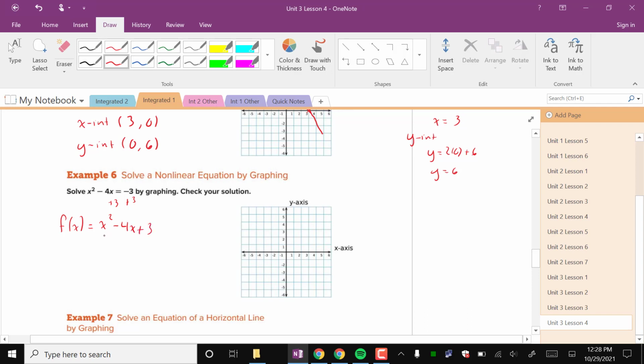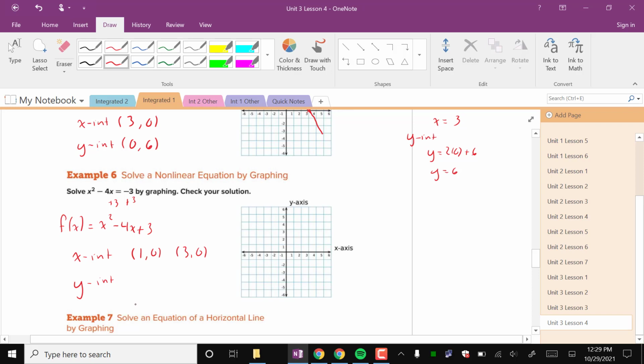So now we want to graph this out. So where are my x-intercepts going to be? And where are my y-intercepts going to be? So my x-intercepts, I'm going to have two of them because this is nonlinear. One of them is going to be at 1, 0, and one of them is going to be at 3, 0.